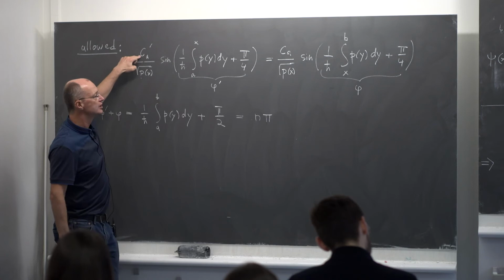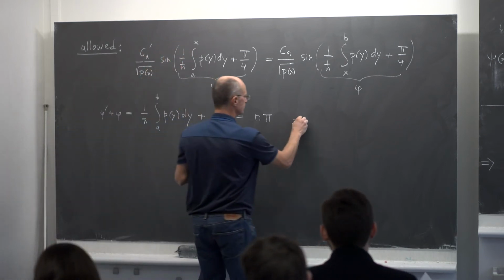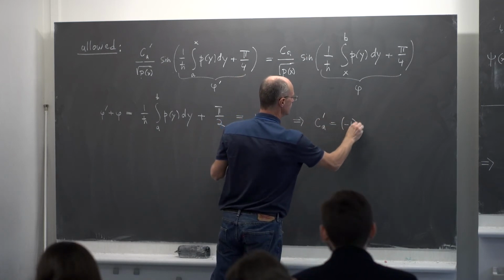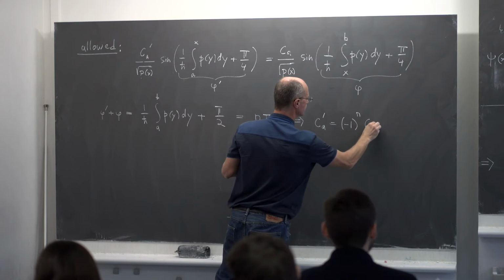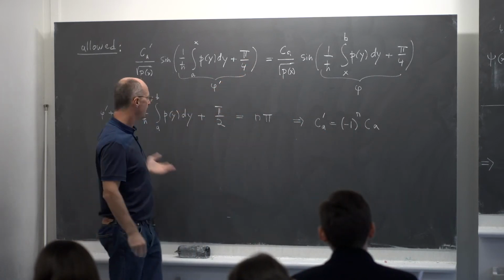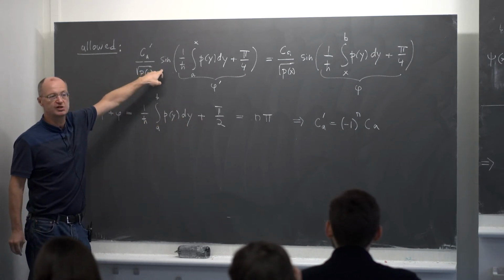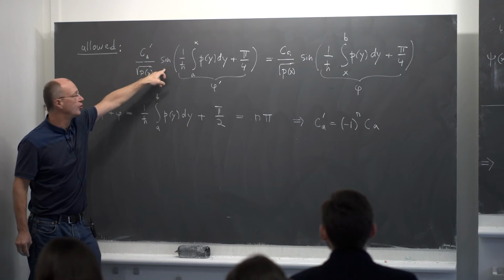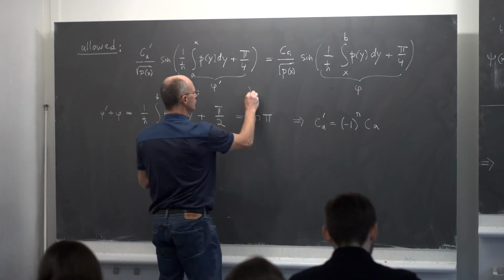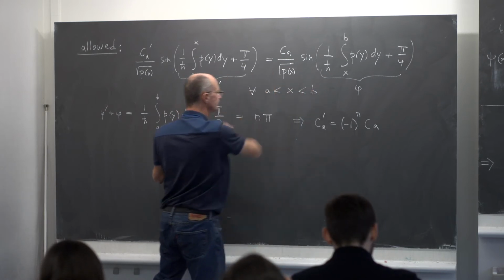And if you put CA prime equal to minus 1 to the n CA, then you will have a matching. And actually, it's easy to see that's the only situation when those sine functions can match for all values of x between a and b.